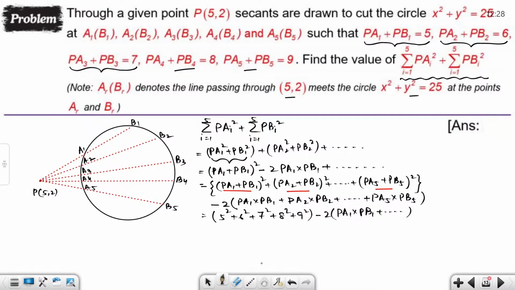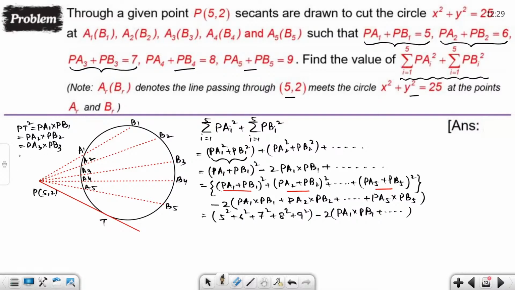Now, observe carefully. If I draw a tangent from the point P on this circle, let us say this is my PT. So, can we say that PT square is the same as PA1 into PB1, same as PA2 into PB2, same as PA3 into PB3?